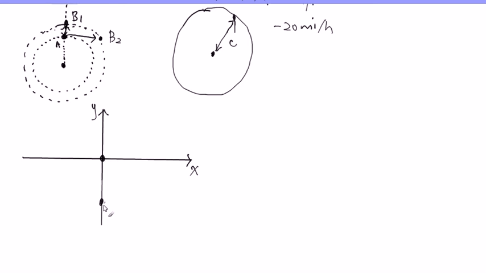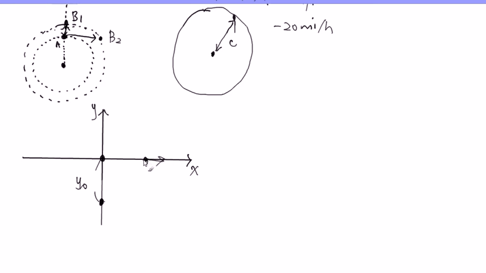Suppose the police officer is down there, and his coordinate, this distance here, is y0. It seems like distance is a positive number, but if you turn that into a coordinate, it has to be a negative y coordinate down there, right? And he's not moving, he's just staying there. This is the actual road, and the car is moving over there in that direction.